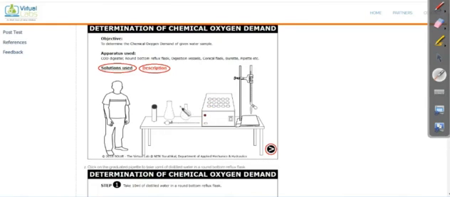Then we require the round bottom flask, the digestion vessel, the conical flask, then the burette and the pipette. So these are the instruments and apparatus that we need to carry out the COD test. This is the main one, the digester. This is very important.